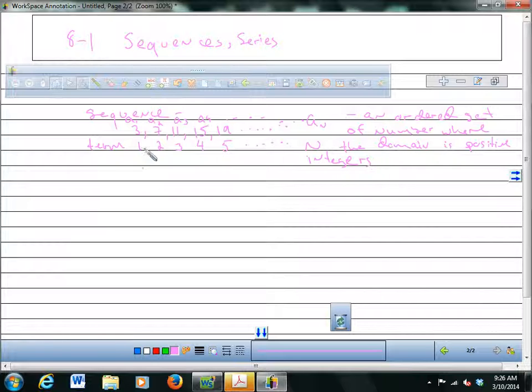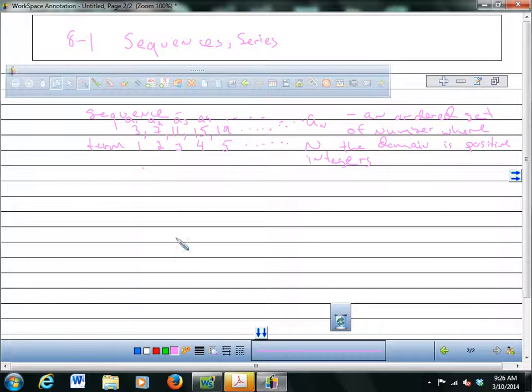So you're looking for the first term, the second term, the third term, the fourth term. So that's like your input. Sometimes you'll talk about the 0th term, but usually you start with the first term, not the 0th term.